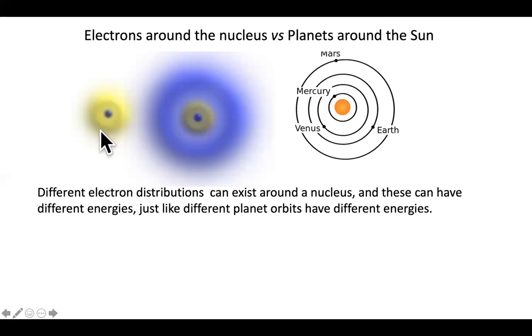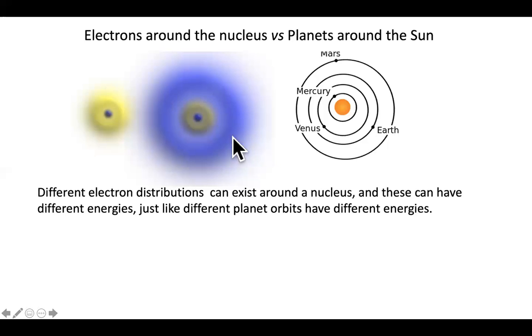Now, these weird orbitals for electrons around nuclei, they also have different energies because different electron distributions can keep the electrons at different distances from the center. So for example, this state, shown in yellow, has the electron pretty well confined to close to the nucleus.